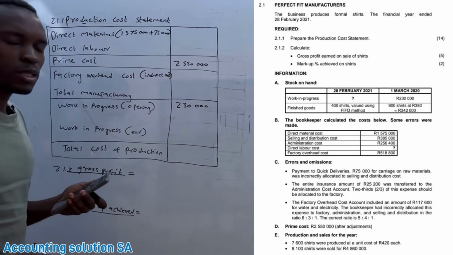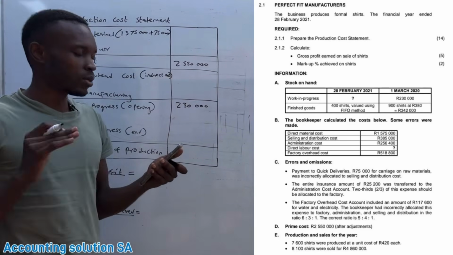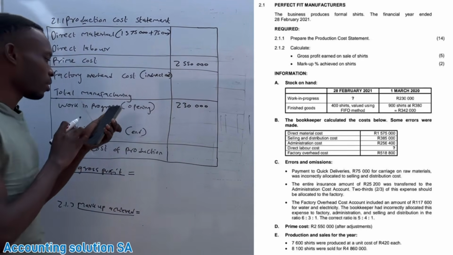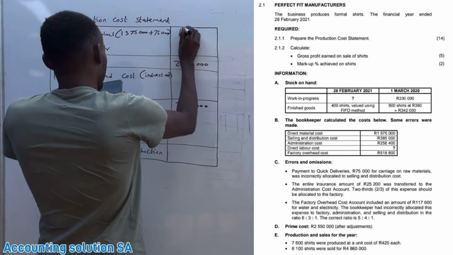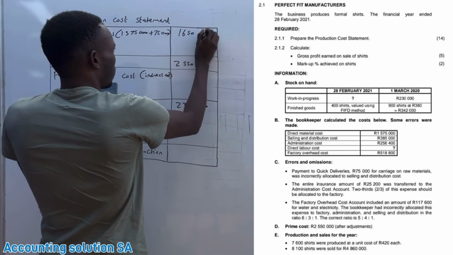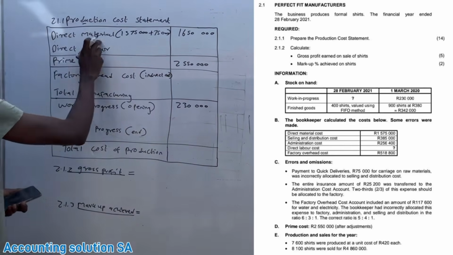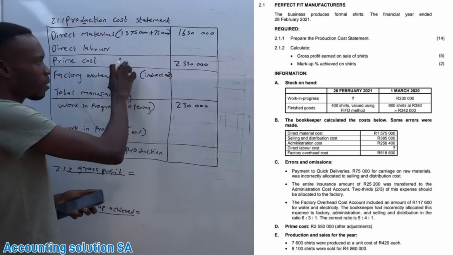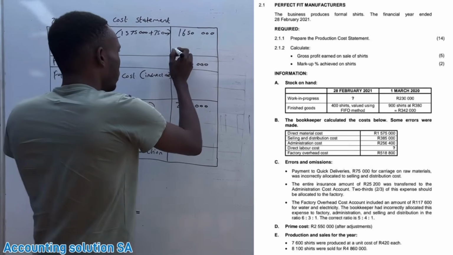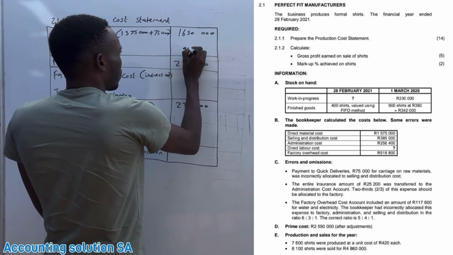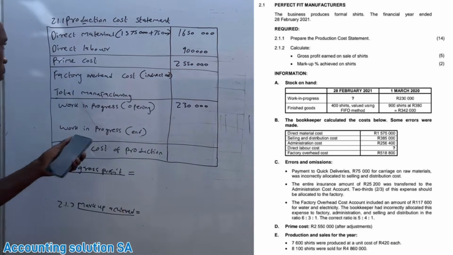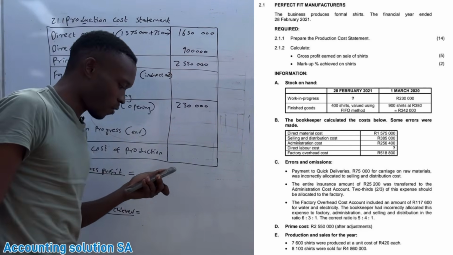But because in this case we don't have a selling and distribution question, we are not going to subtract it anyway. We're just going to add it here, and it's going to give us 1,650,000. Obviously, they are not going to give us direct labor because they gave us the prime cost, which means we just take this one minus this one, and it's going to give us 900,000. Simple. Now let's go to our factory overhead.